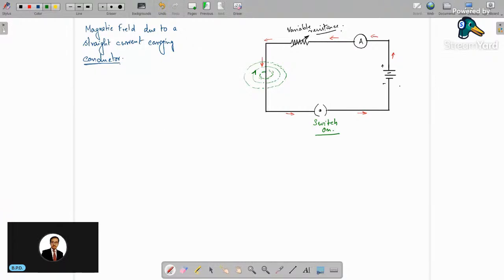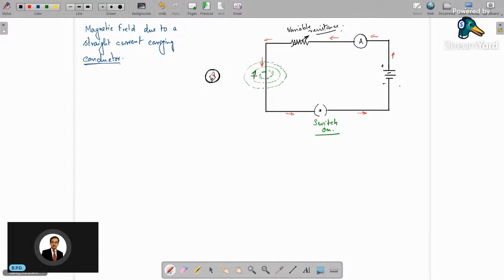If we take a compass, that is our main ideal instrument for identifying the direction of magnetic field, where one end is marked as N and another end is marked as S. Have you seen a compass?